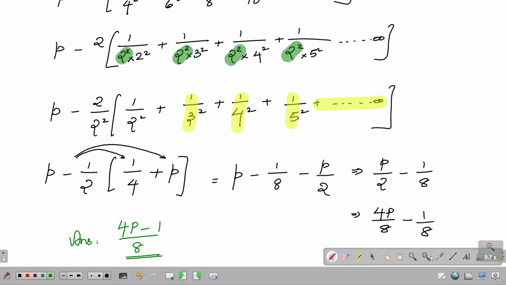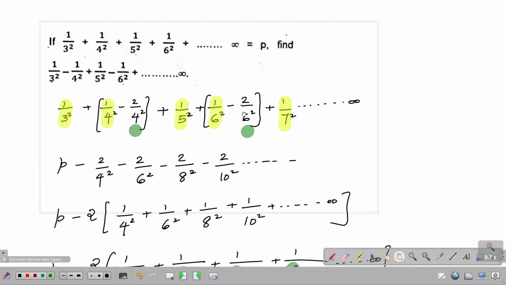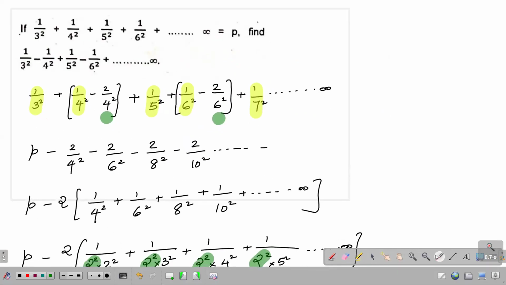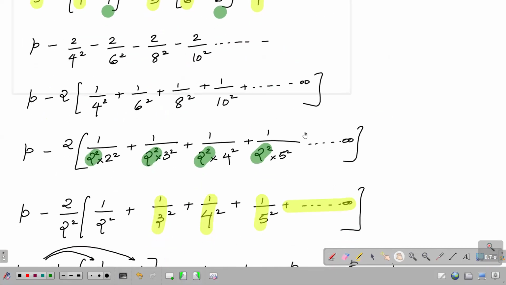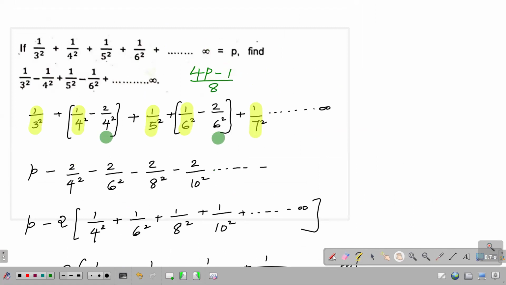They were asking you to find the value of this, so you have to express it in terms of P only. So you can say it is 4P minus 1 upon 8, right? I hope I just wrote it correctly. 4P minus 1 upon 8. Yes. This is going to be my final answer.